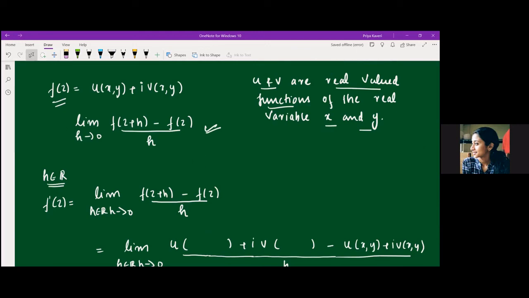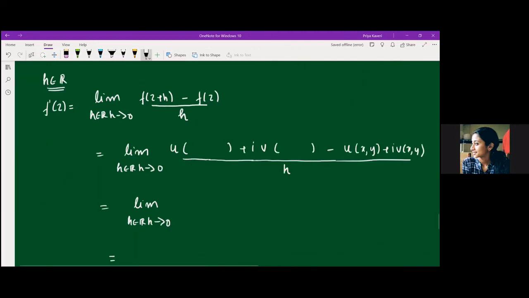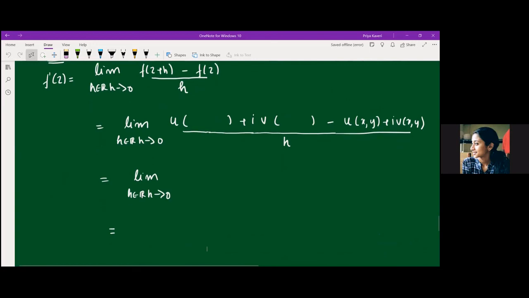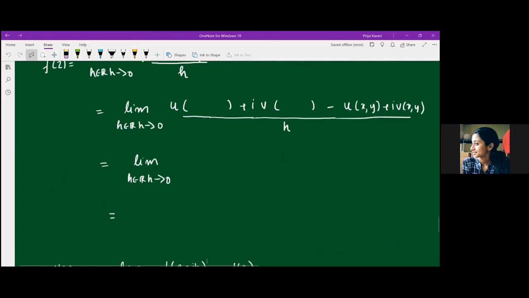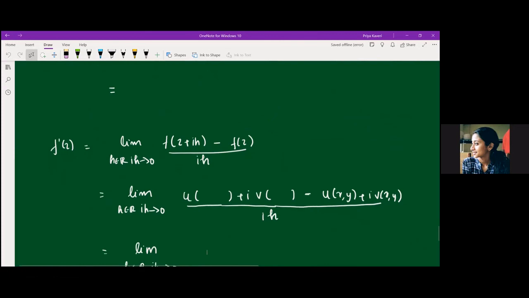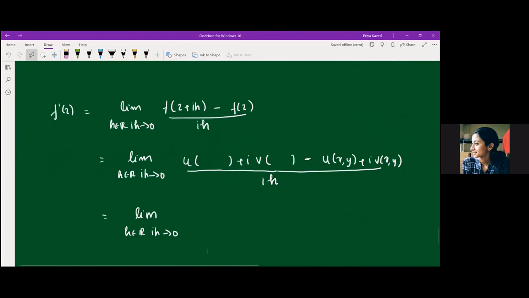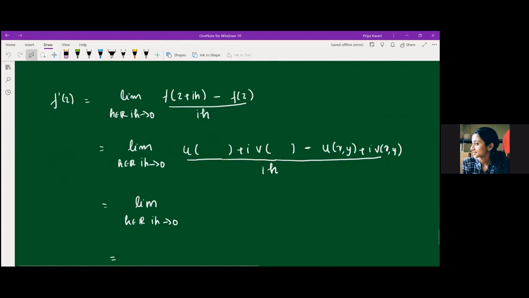So if h is along the real axis, you write f(z) in terms of u and v and try to see what happens when h approaches through the real axis. Similarly, try to see what happens when h approaches the imaginary axis, and see what we can conclude. It will be a necessary condition for holomorphicity. After that, you can think whether that is sufficient and what else can be made. So this is the thing that you can do after the holomorphic function.